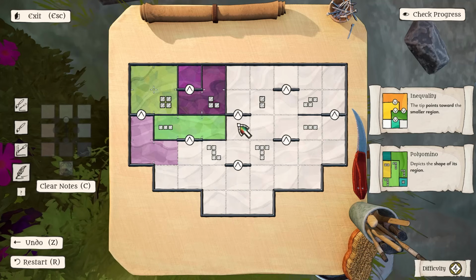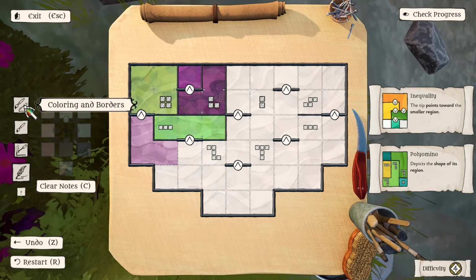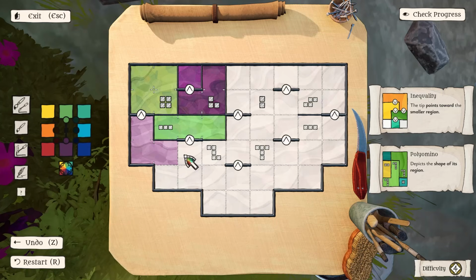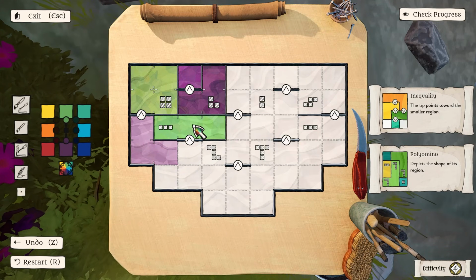This has to be bigger than the 1, this has to be bigger than the 1, this has to be bigger than the 1, etc. I think there's a nicer thing to do here that I'm just not seeing. This has to be bigger than that.